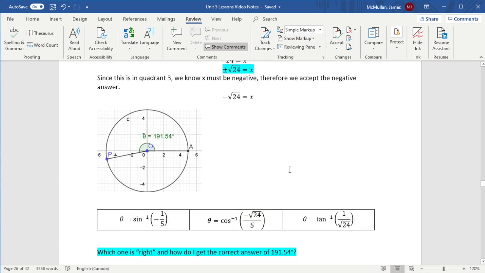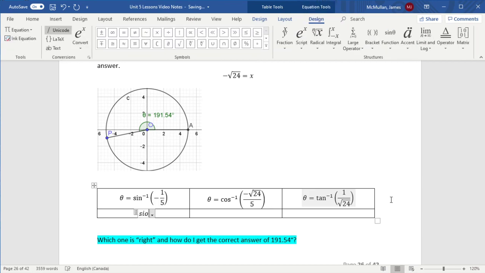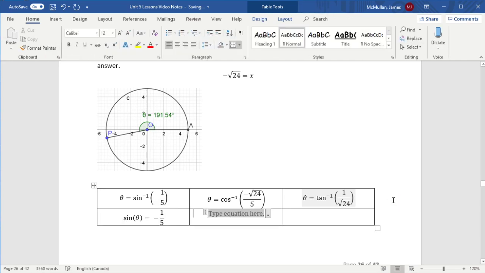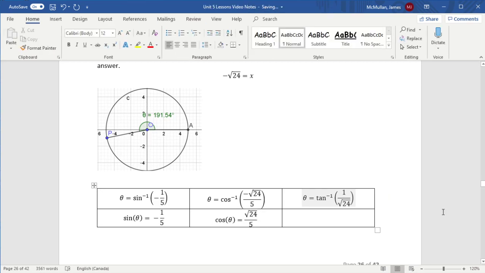Now, at that point, we knew three things about theta. If you took the sine of theta, you get negative 1 over 5, right? So I'm just going to quickly write this again. If we write sine theta is equal to negative 1 over 5, we knew that cos of theta is equal to square root 24 divided by 5, and it has to be negative.